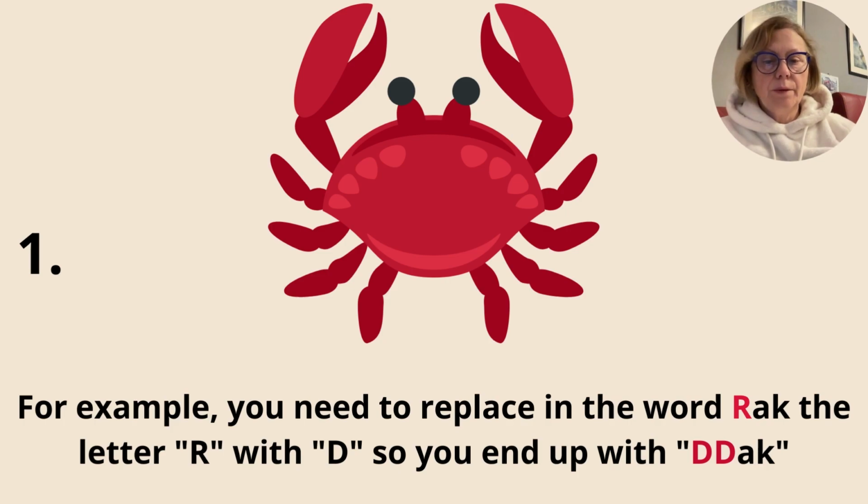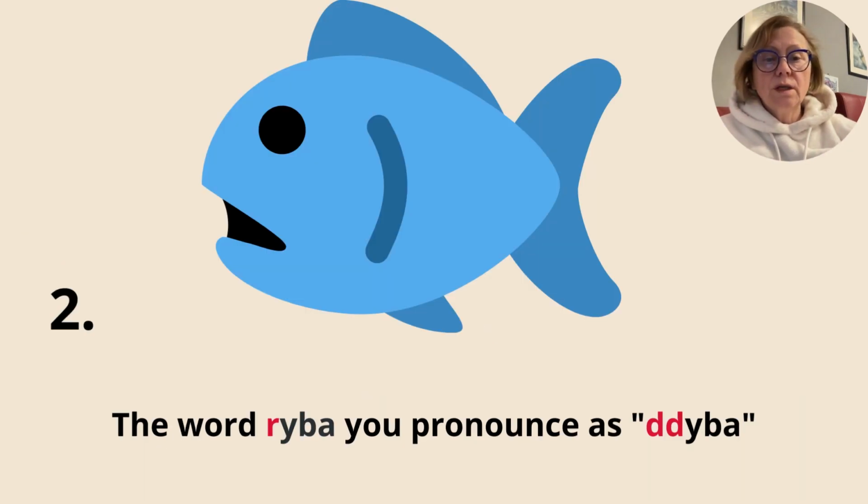For example, you need to replace in the word rak the letter R with D, so you end up with didak. The word ryba you pronounce as dyba.